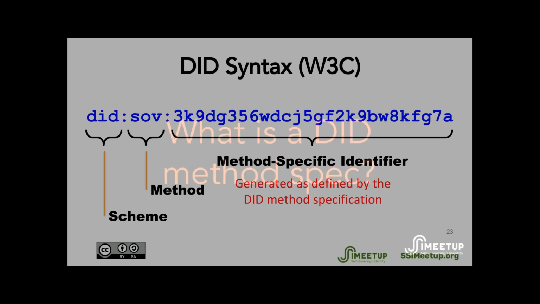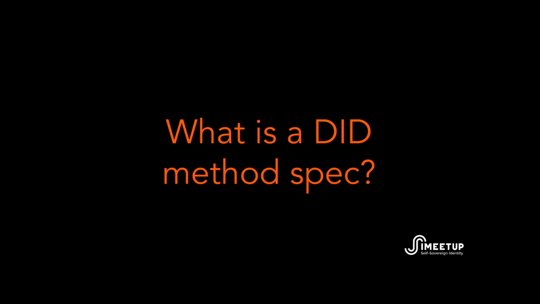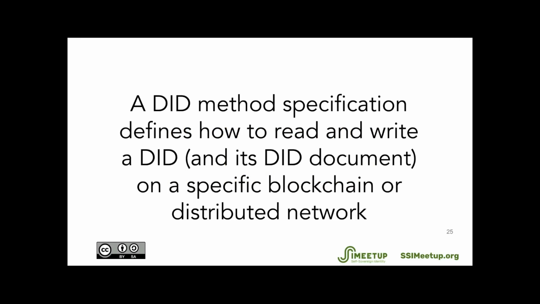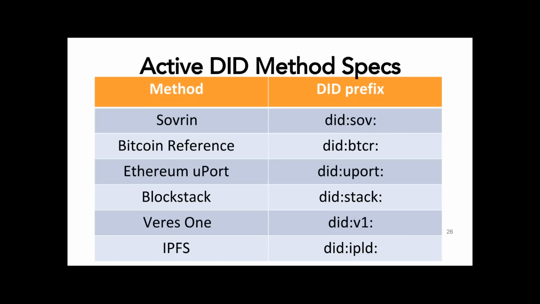I want to now talk about DID method specs, and I can mention how some of the others do it. A method specification says, for a specific DID method, how do you read and write that DID on that blockchain or distributed network? Because they're all different. And these are the six DID methods that are actively in development today.